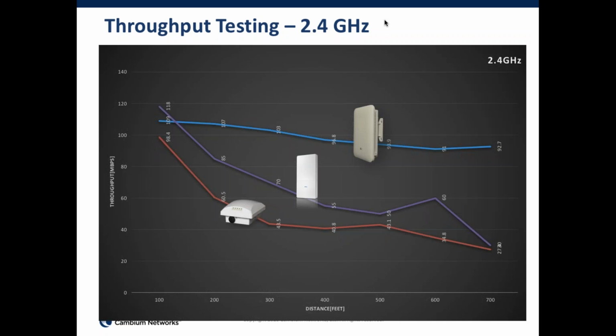And we found that with distance, the E500 kept up its throughput much longer than any of the other products. So even as far as 500 feet, the loss of throughput was much lower on the E500 than on any other brands. And most deployments go in from 100 to 300, maybe 400 feet, in most good outdoor deployments. And you'll find that the E500 was able to sustain much longer throughputs. Now, of course, this is our testing under line of sight clear conditions. Your own real-world results will vary a bit.